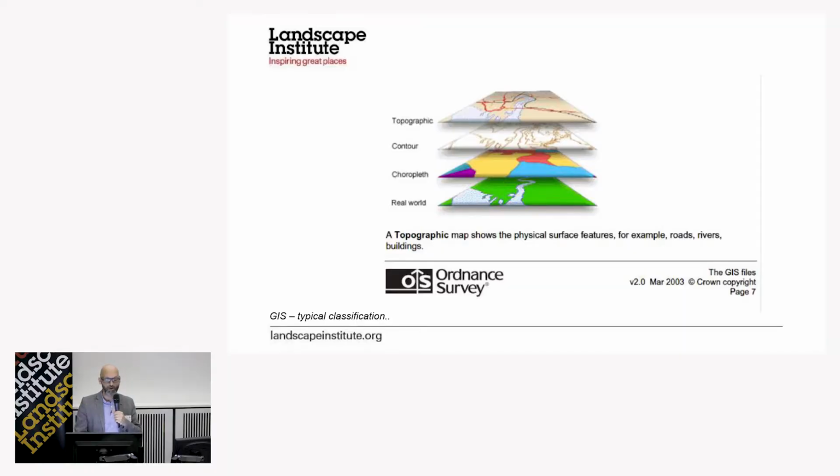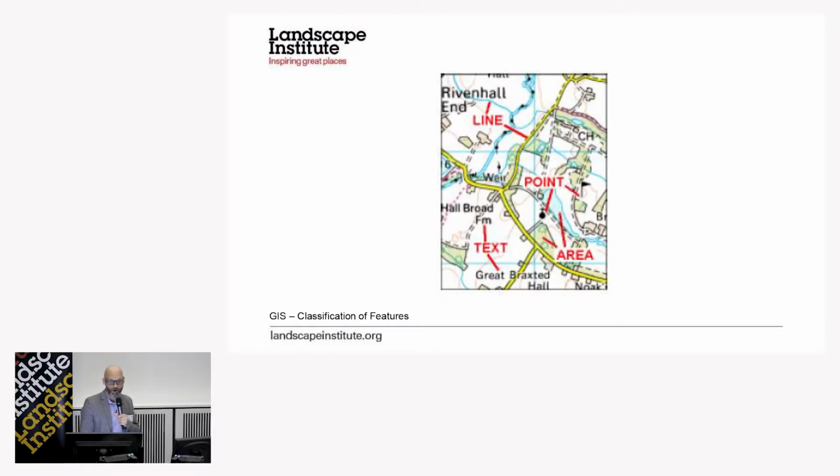So as Mike has already alluded to, I'll do this very quickly, but typical classifications for GIS might be the topographic layers, contour layers, basic coloured choropleth information, and also real-world data and coordinates from that point of view. As you can see, this is information taken from the Ordnance Survey.